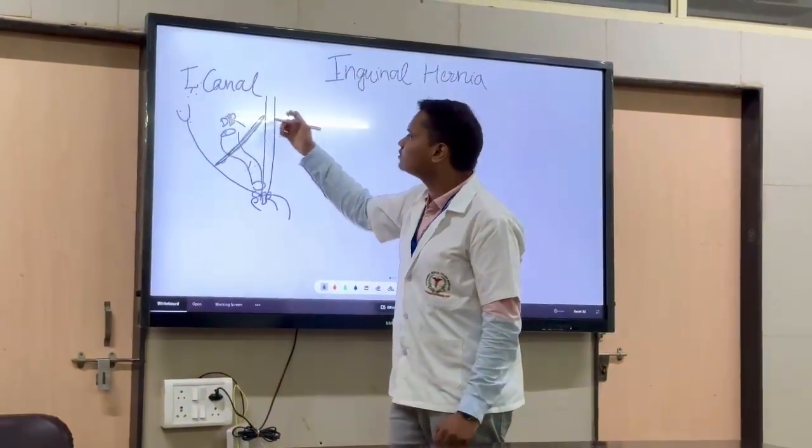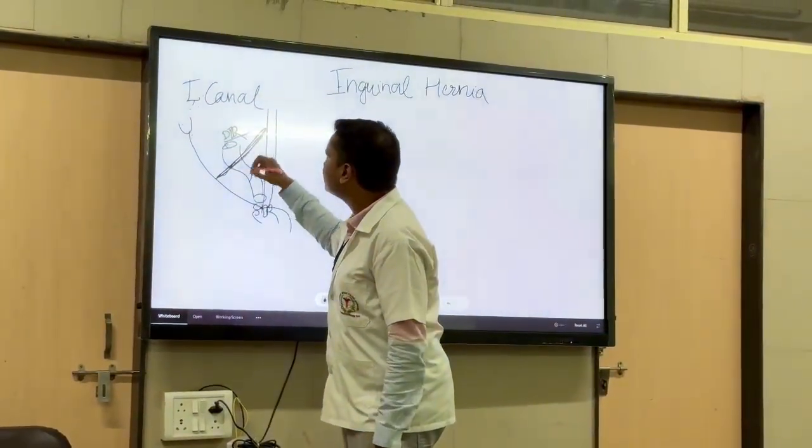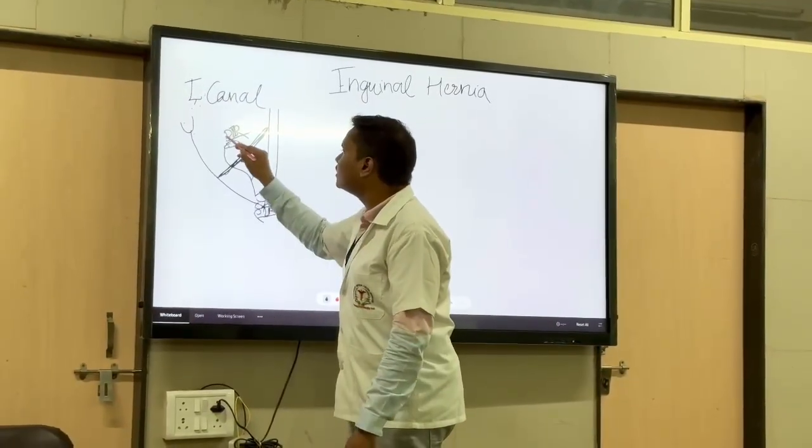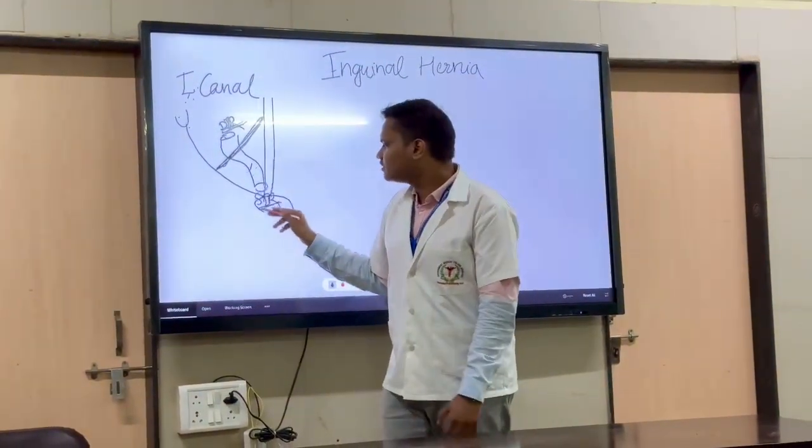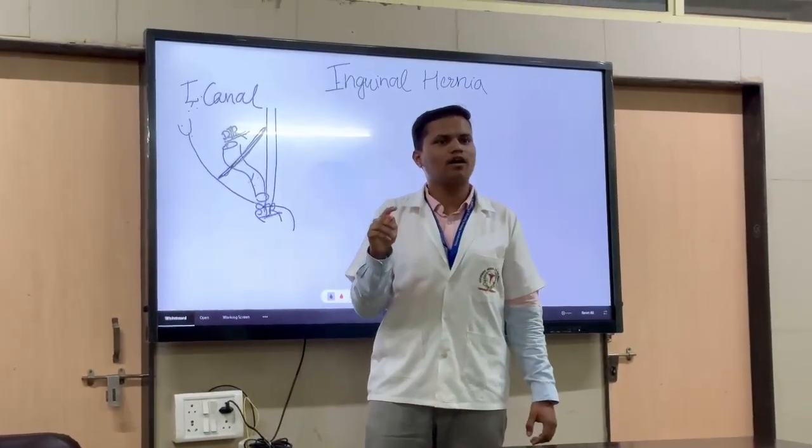It has two openings, the deep inguinal ring and the superficial inguinal ring. The deep inguinal ring is posterior and is an oval opening, and the superficial inguinal ring is a conical gap.